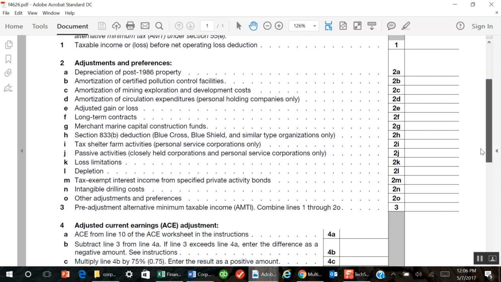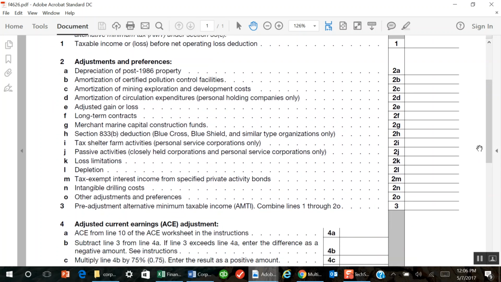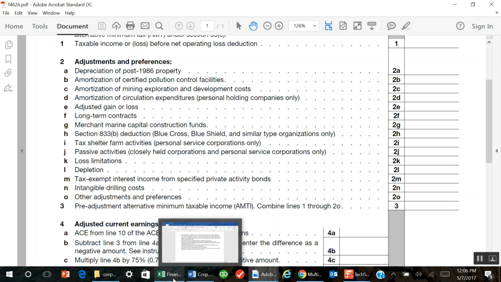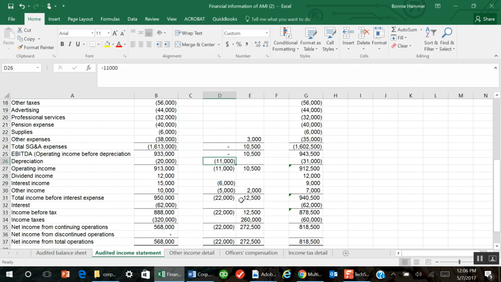Now, if you don't have any difference between regular tax depreciation and AMT depreciation, then you're also not going to have any book tax differences upon sale of those fixed assets. And so you shouldn't have had anything on line 2E either. However, you should have had something on line 2M, because of the way that it works, and let's go down here.